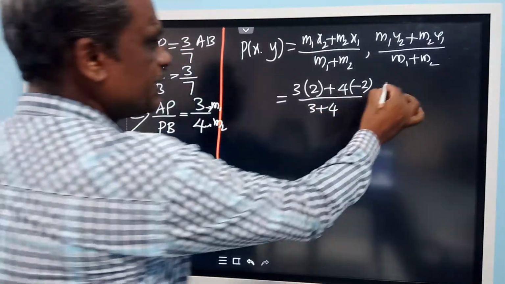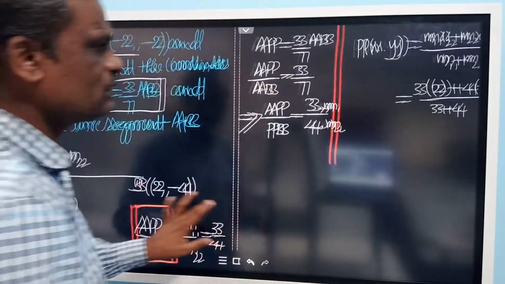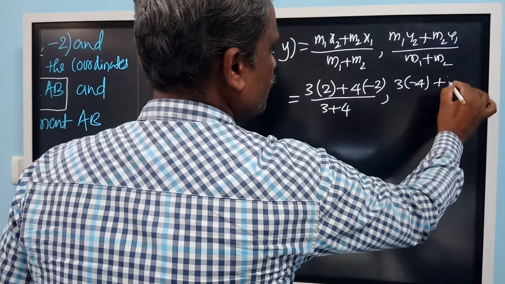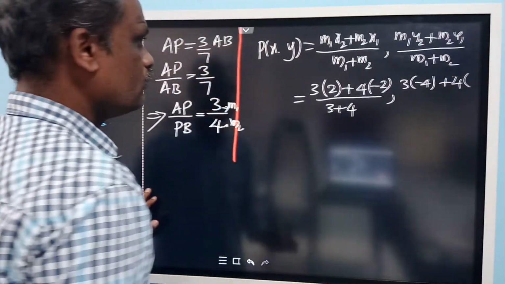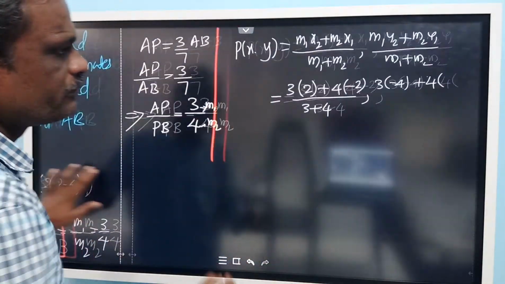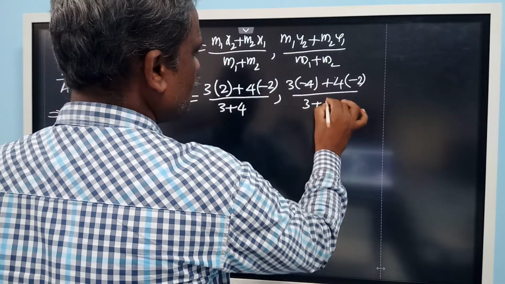Then m1 here again 3 into y2 here, look at this, minus 4, second coordinate, plus m2 here 4 into y1, minus 2, first coordinate, minus 2 divided by 3 plus 4.